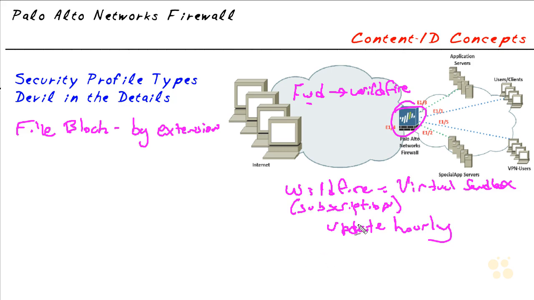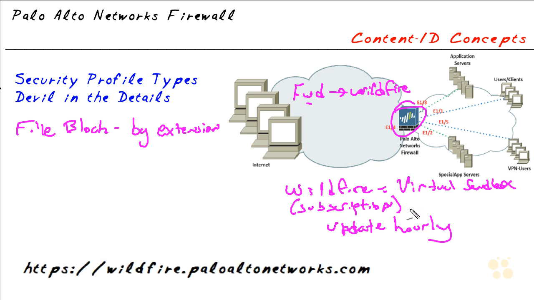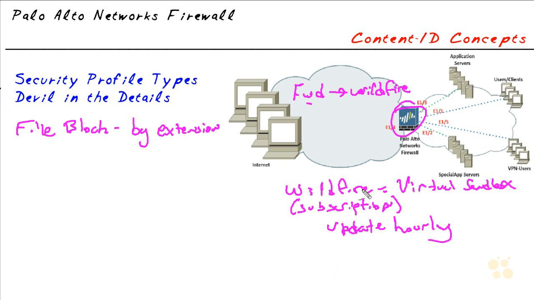So verified, anything that we send out there, and you can go to a website as well, wildfire.paloaltonetworks.com, see all of your firewalls, how many things you've sent, how many things you've logged, all that fun stuff to go with it. And how many are benign, which is good, or how many are actually malware. So you can see all that stuff in there. Anything that is bad, of course, you'll get signatures updated hourly, so you don't have to send it out. You can just know to block it right away.